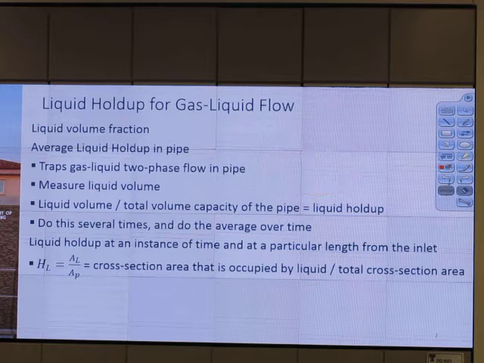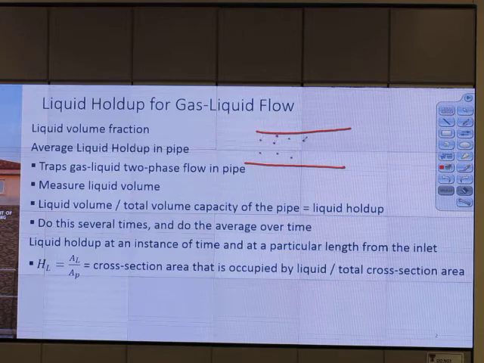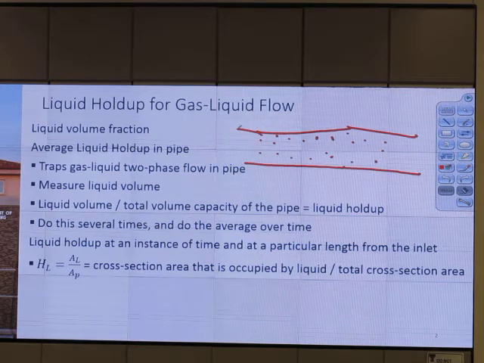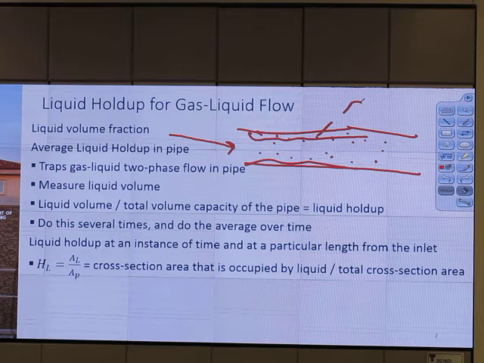Some people use a test section with several holes at a certain length. Once annular flow moves past this section, the film is gone and we have just the gas core, so we extract the film out.